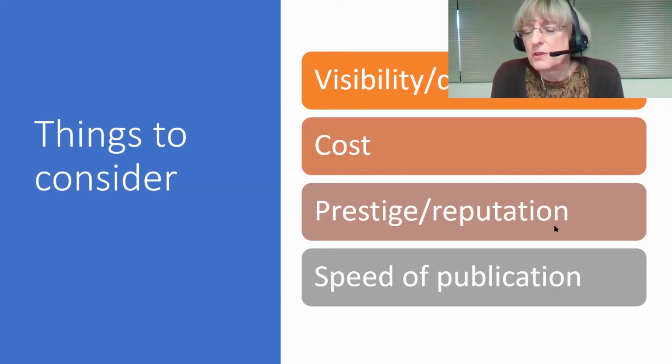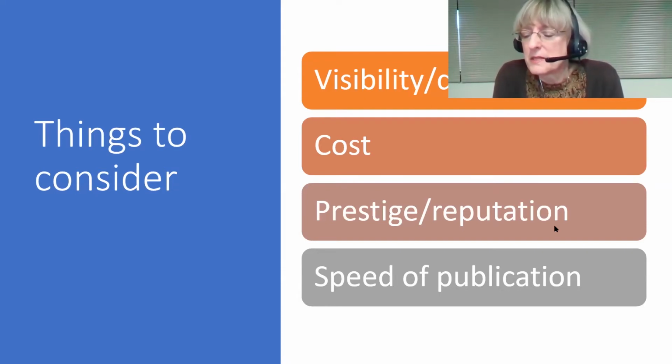And then you do want to look closely at the cost, because that can certainly be a factor. And then, of course, you want to factor in the prestige or reputation of the journal. Probably if you're just starting out publishing articles, you probably won't be getting into the most prestigious journals, but there are certainly quite a few to choose from that have very good reputations.